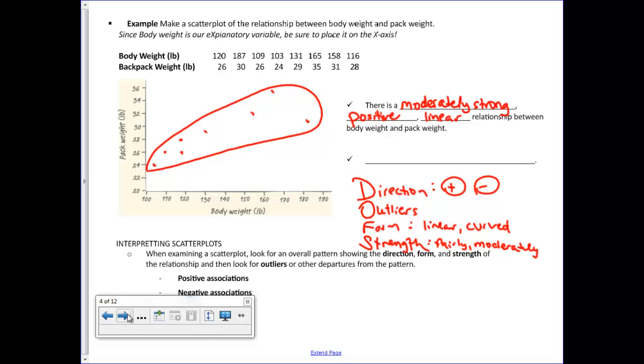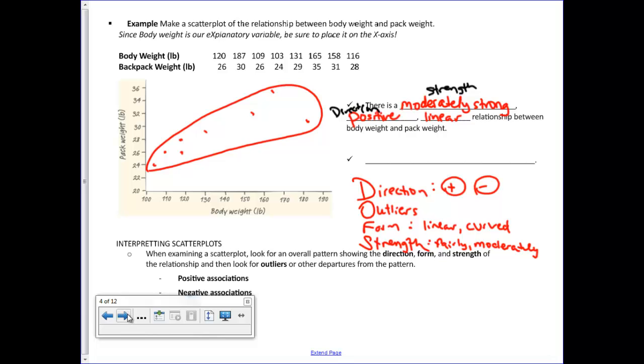So this moderately strong, kind of self-explanatory, refers to our strength. The positive: as we go from left to right, it's increasing, so I say it's positive. This would be our direction.